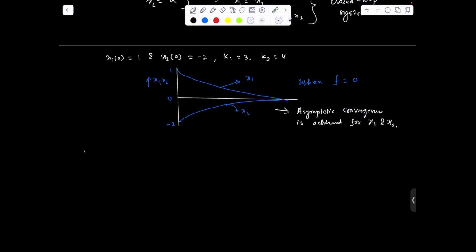So now let us say f equal to sine of t. For example, this is the nonlinear function. Sine of t is a nonlinear function, and we are going to consider this function in the system. So let's assume this is the disturbance.